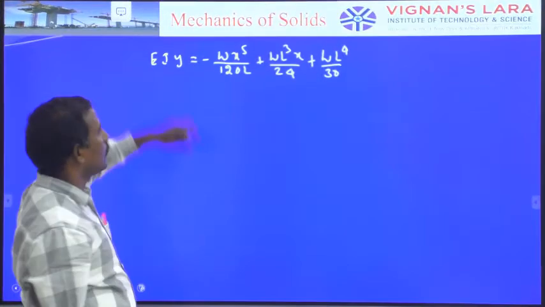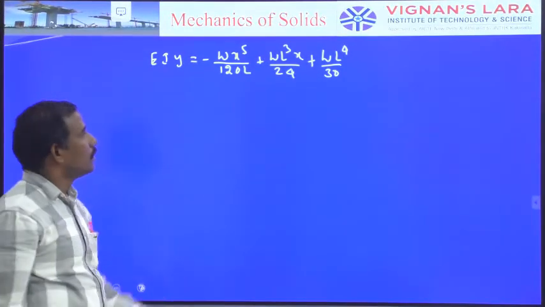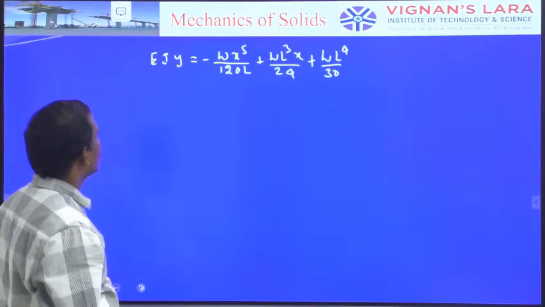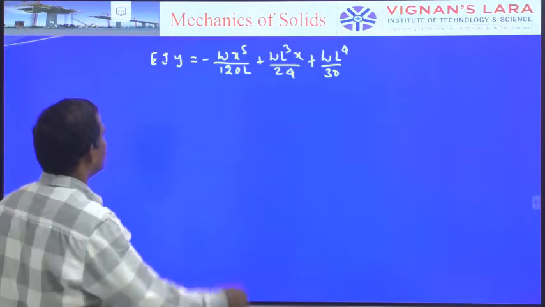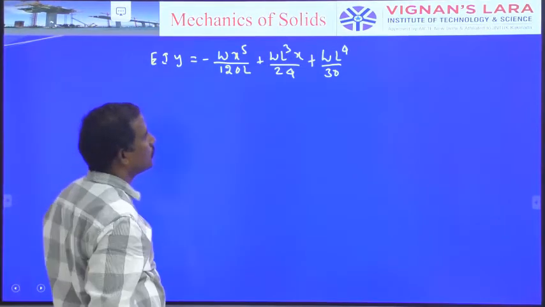So now you can calculate the slope and deflection at x is equal to 0.